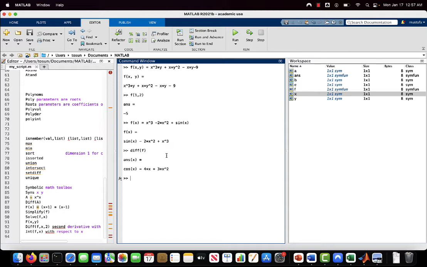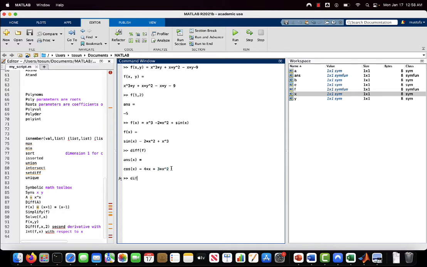And as you can see here, the derivative of sine is cosine, and the derivative of minus 2x squared is minus 4x, and the derivative of x cubed is 3x squared. This is easy.